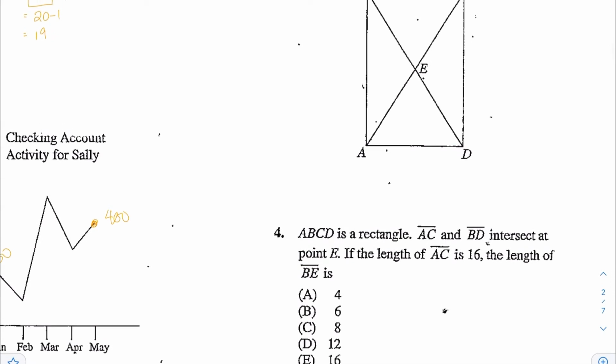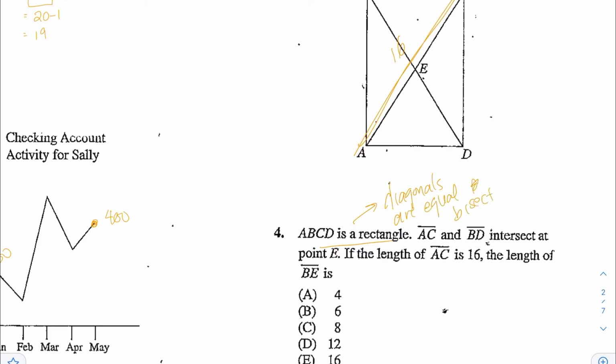All right, next for question number 4, ABCD is a rectangle, and line AC and BD intersect at point E. If the length of AC is 16, the length of BE is... So AC here is 16. I want to know the length of BE. Well, one thing to keep in mind is that for a rectangle, the diagonals are equal. And they also bisect one another.